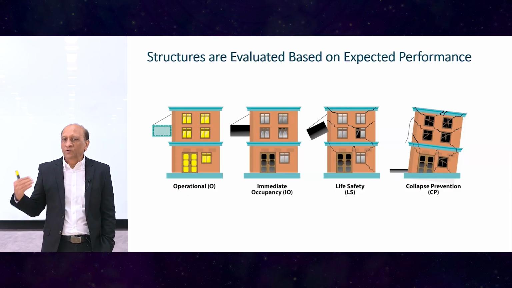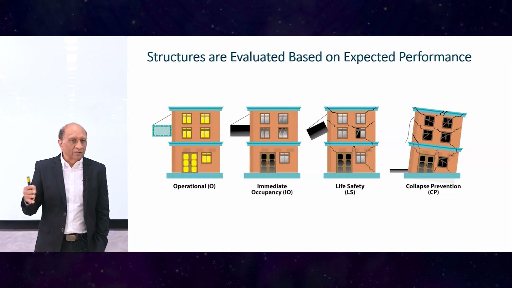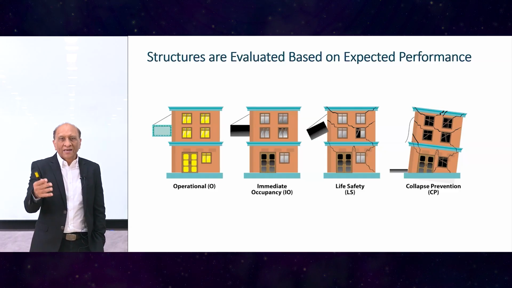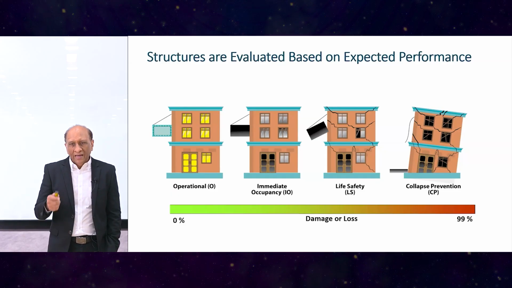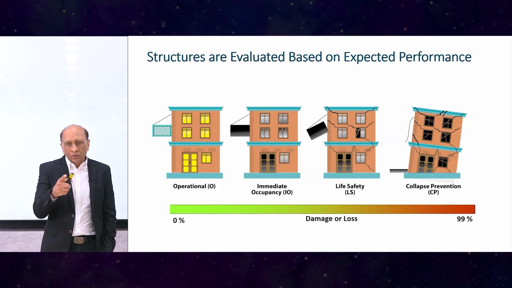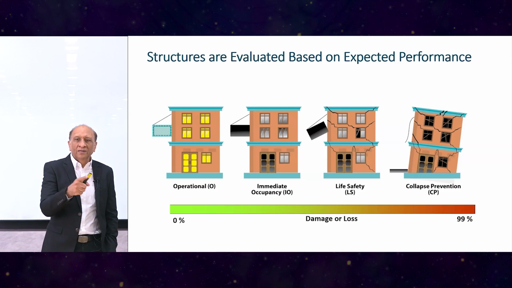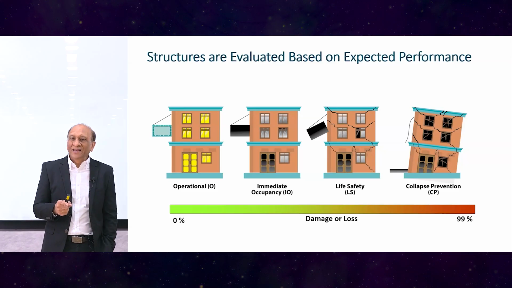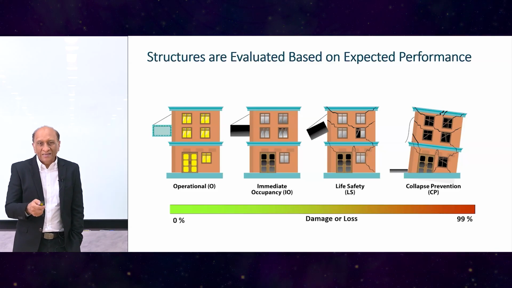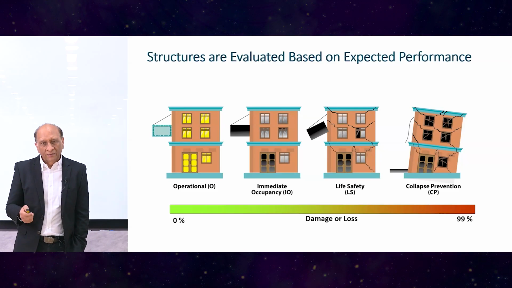So it's not now conforming to the code. Maybe some things are not according to the code, but as long as the performance is okay, the building is acceptable. And then the collapse level, or damage level, will depend on where the building is evaluated to be. So that's the way that we look at existing buildings.